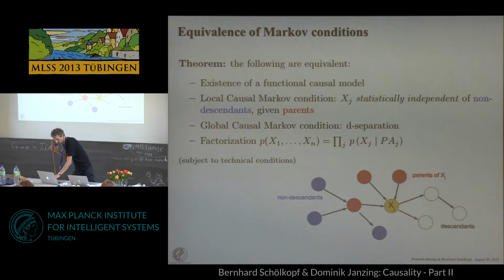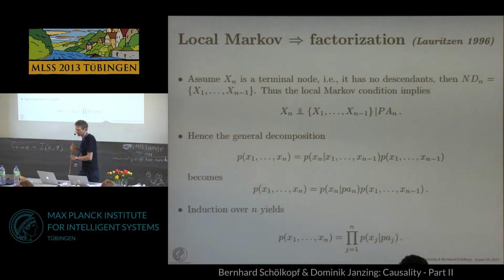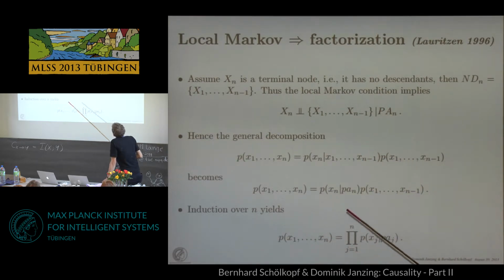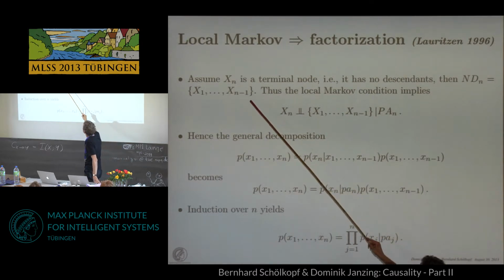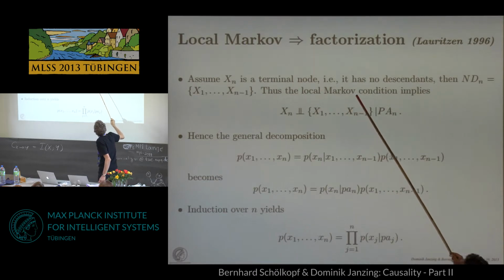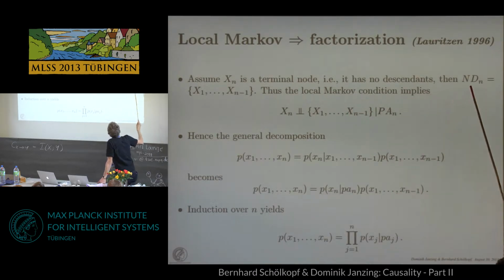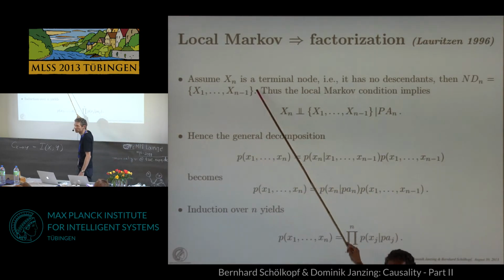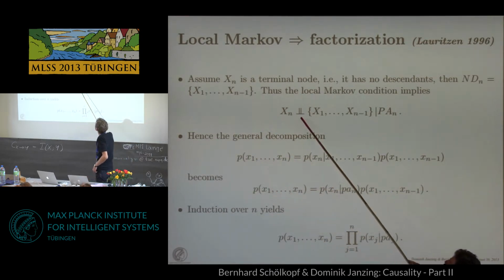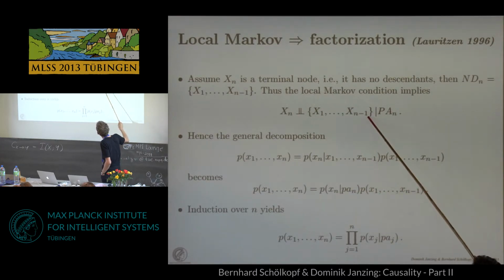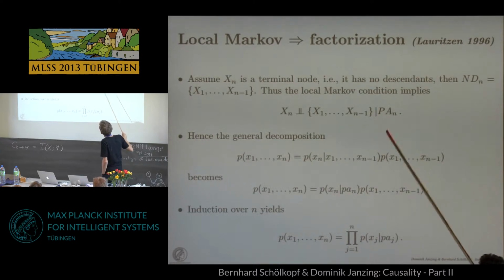And to give you an idea why they are equivalent, first, the step from local Markov condition to the factorization. We start with a terminal node xn, so a node that has no effects. Then the set of non-descendants is just the set of all remaining variables. So xn would be conditionally independent of all remaining variables given its parents.